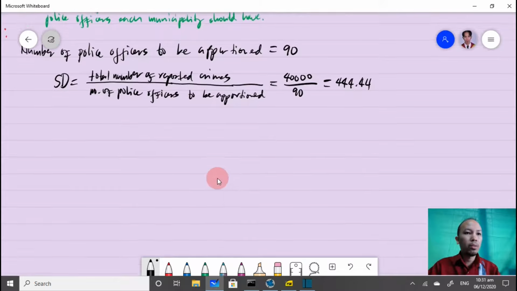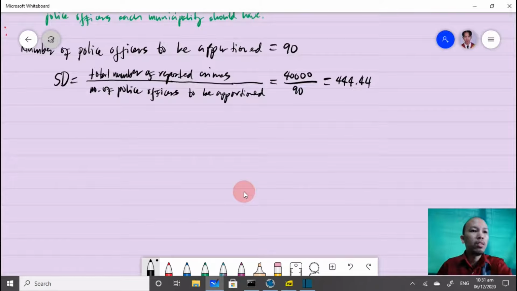All you have to do is to make a table. Don't worry, I'm going to fast forward this one.